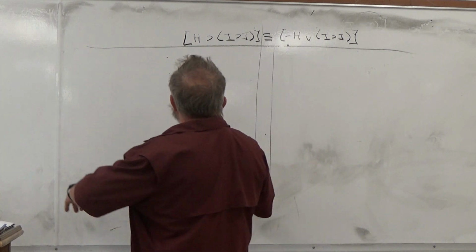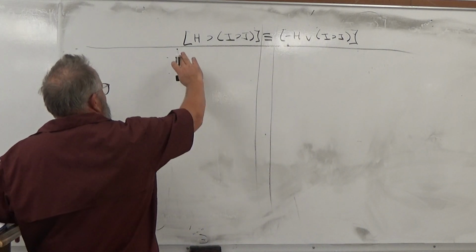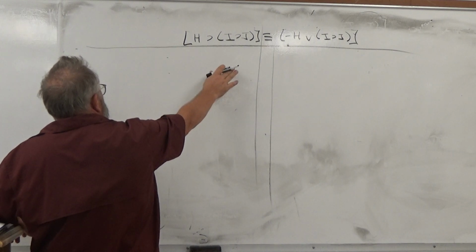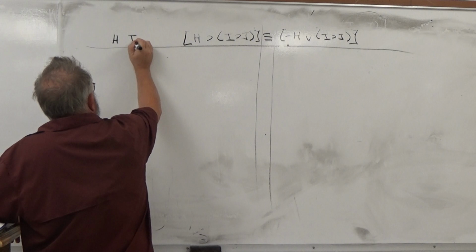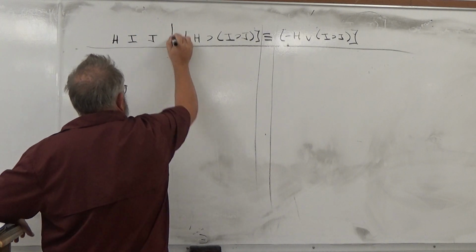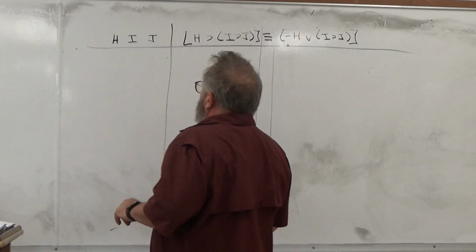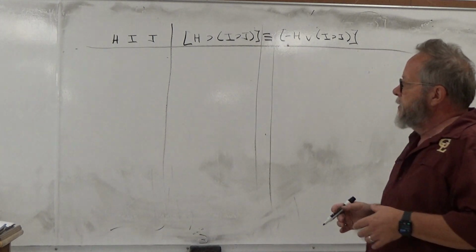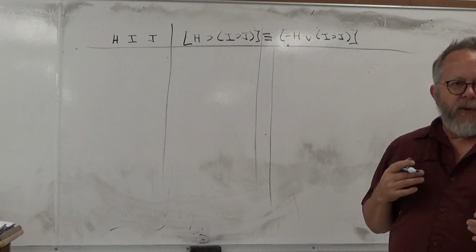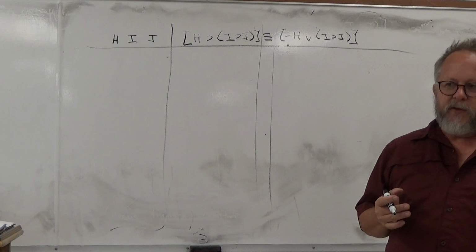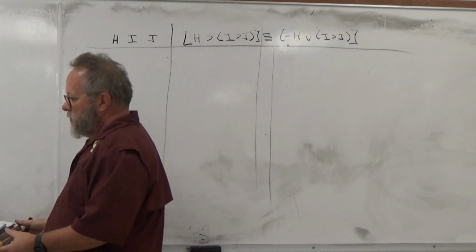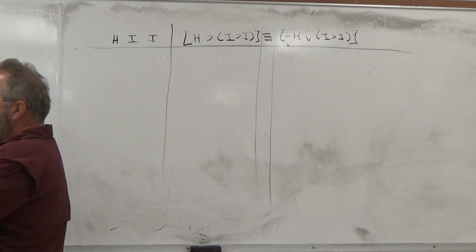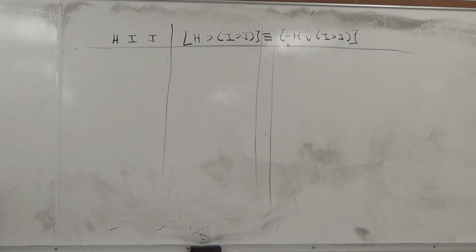And how many statement constants do we have? Let's remember we write them down in alphabetical order. That's our convention. So we have H, I, and J. Now we need to come up with all the possible combinations of truth values for 3 statement constants. How many combinations are there? That's our first question, and there is a formula.